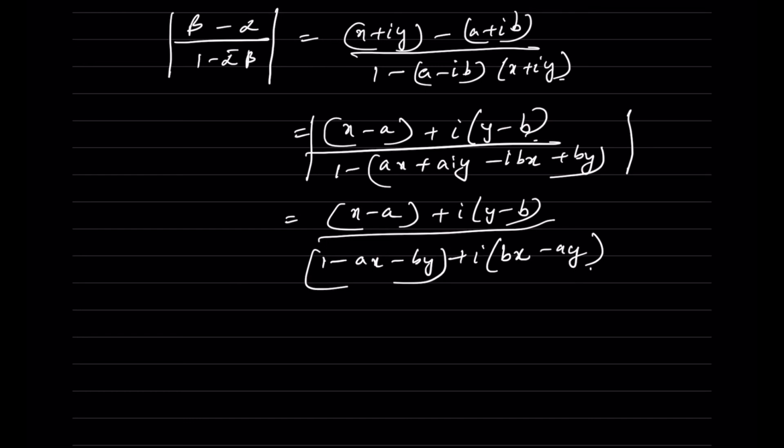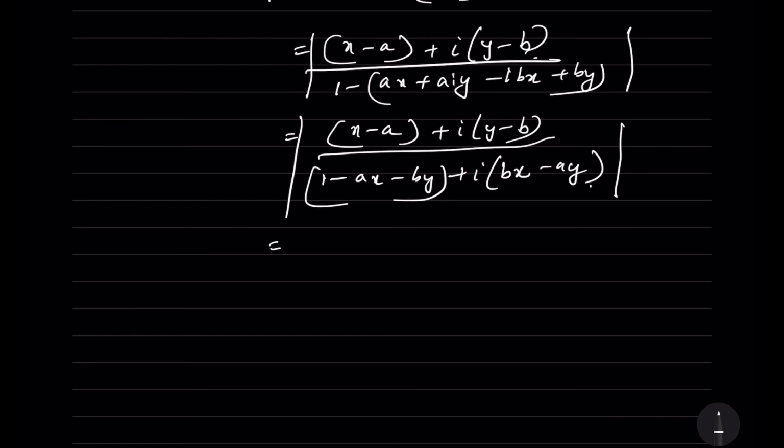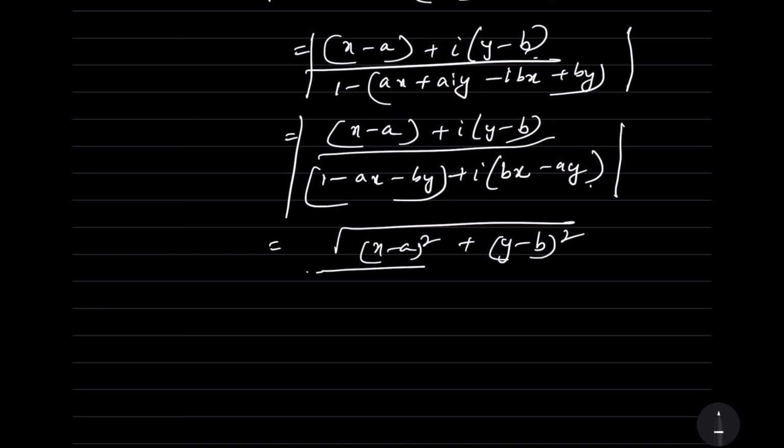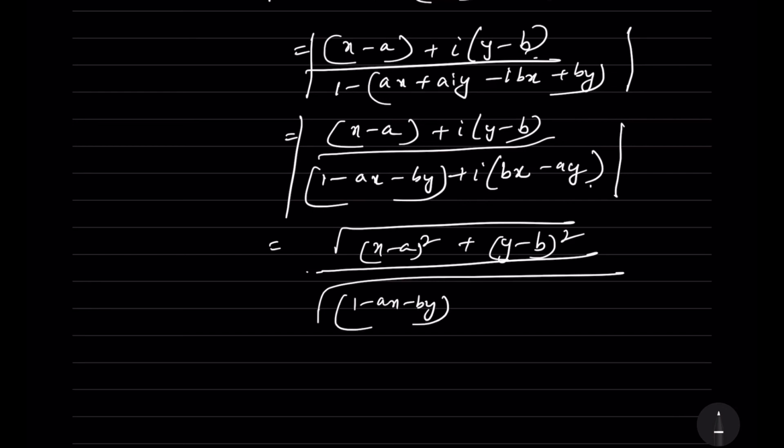If you are taking the minus sign inside, you are going to get this inside the bracket. It is equal to, since mod means root of a square plus b square, we have to do only the real part squared, so (x minus a) whole square plus (y minus b) whole square, divided by under root of (1 minus ax minus by) whole square plus (bx minus ay) whole square.